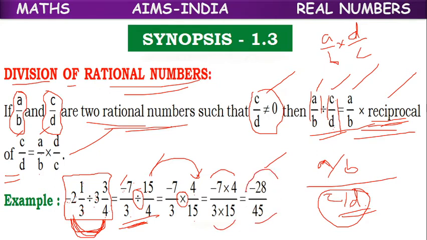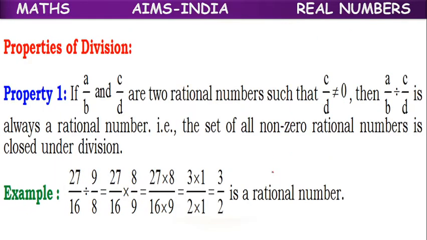So minus 28 by 45. This is the result. In this way, division can be written in the form of multiplication, and through that we can find the answers.